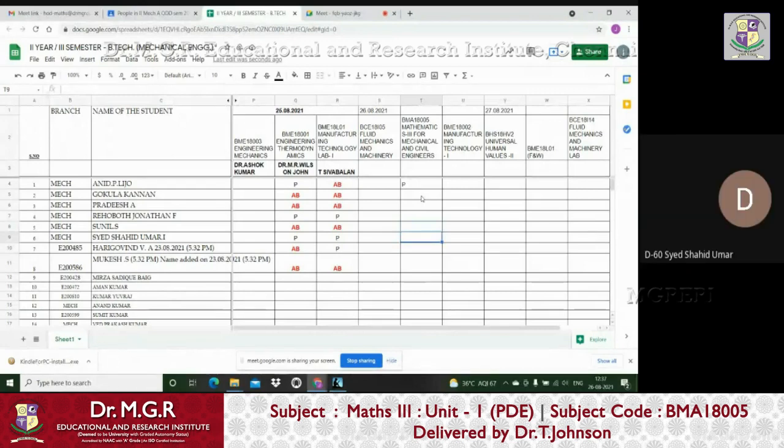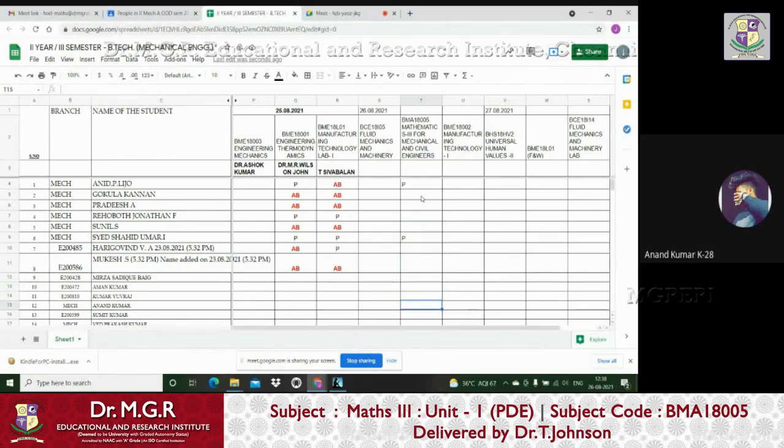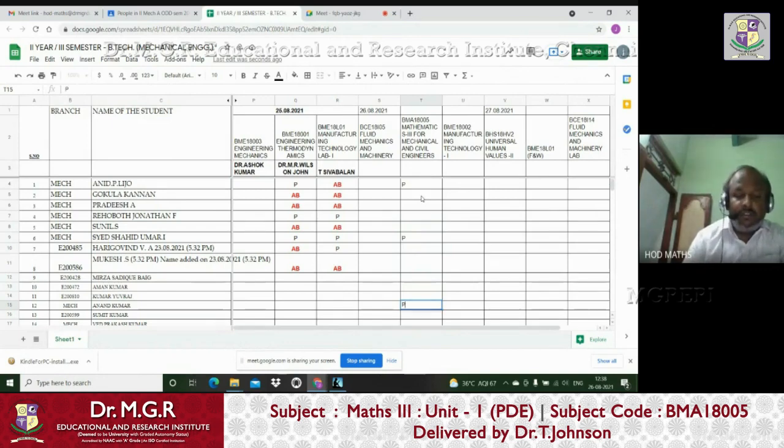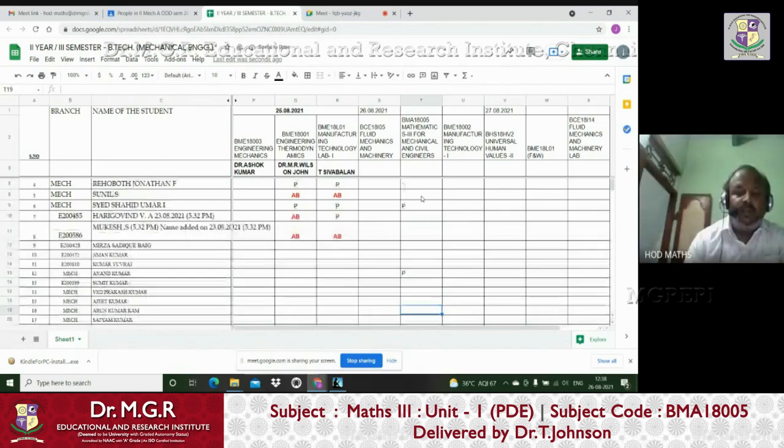Present, sir. Okay. Hari Govind? No reply. Mukesh? No. Mirza? Sadiq? No. Aman Kumar? No. Kumar Yuvraj not there. Anand Kumar? Present, sir. Okay. Sumit Kumar? Yes, sir. Okay, Sumit Kumar also there.